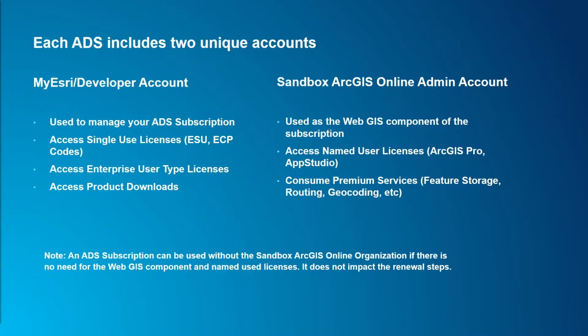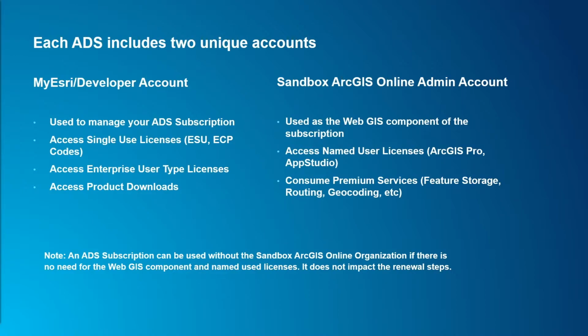The second user in each developer subscription is to allow developers access to the WebGIS side of our stack. That second user is an admin user for your Sandbox ArcGIS Online organization. This user gives you access to your named user licenses, different from your single-use licenses, for ArcGIS Pro and App Studio Developer Edition.